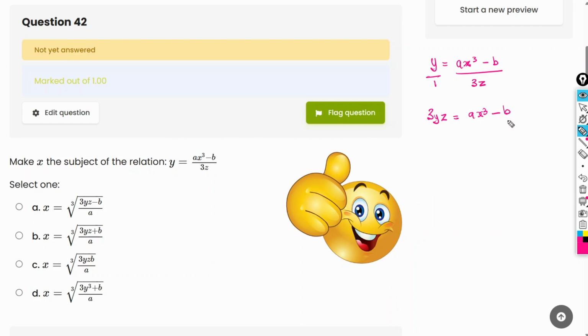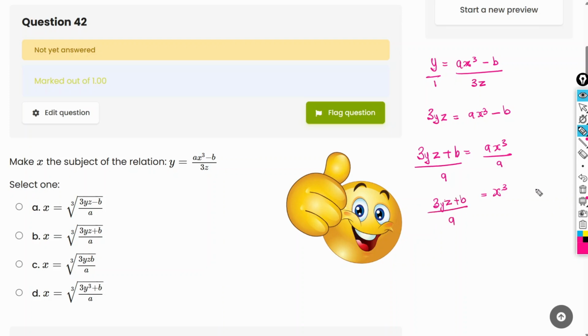Next, you want to get rid of this minus b by adding b to both sides. So you have 3yz plus b is equal to ax cubed. Next we want to divide both sides by a, so you have x cubed is equal to 3yz plus b over a.